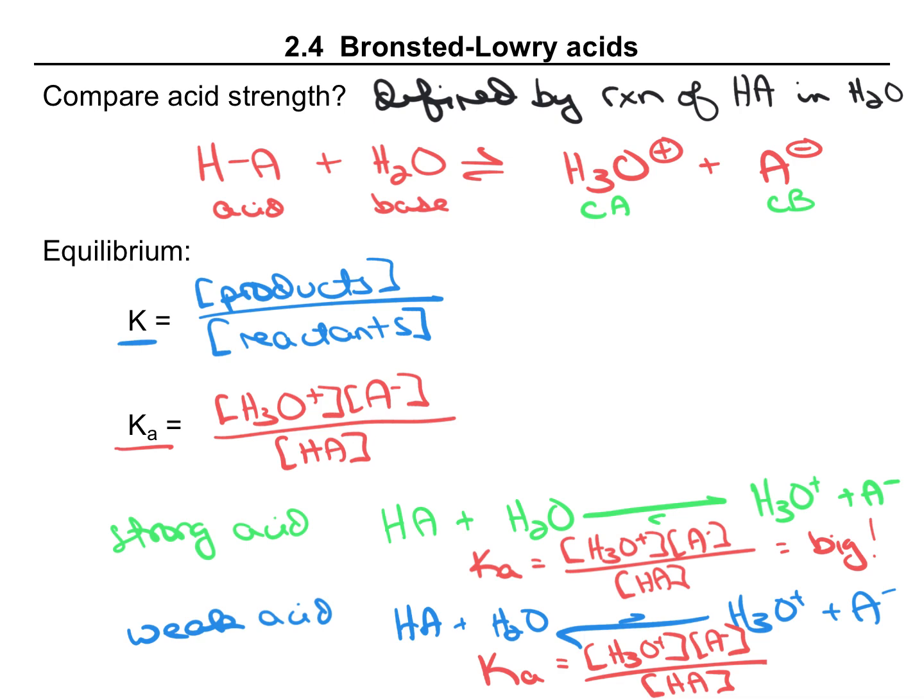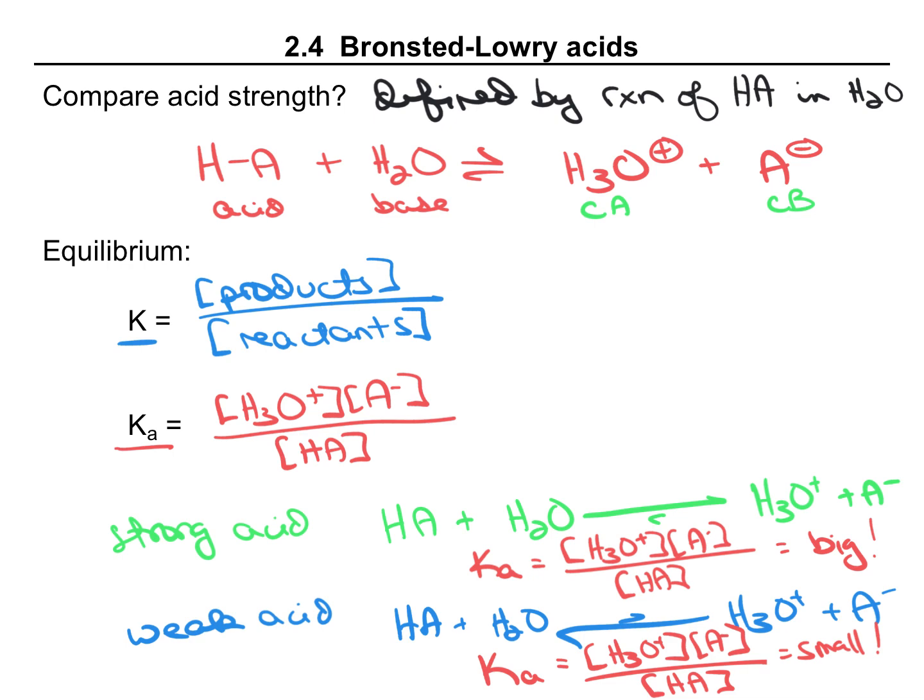So overall, that is going to give us a small number. So the Ka, the acid dissociation constant, if it's big, that means it's a strong acid. If it's small, that means it's a weak acid.